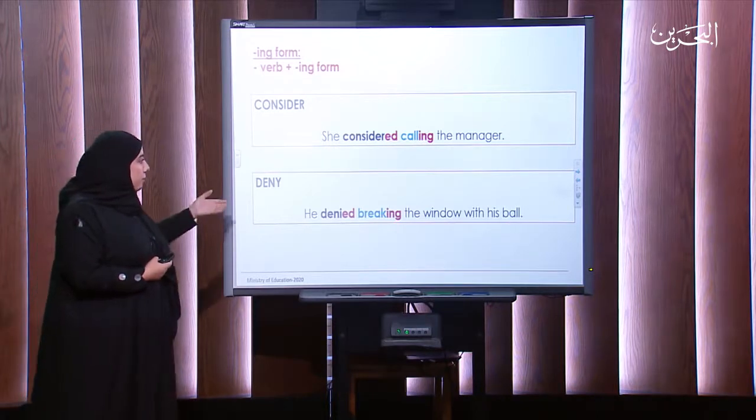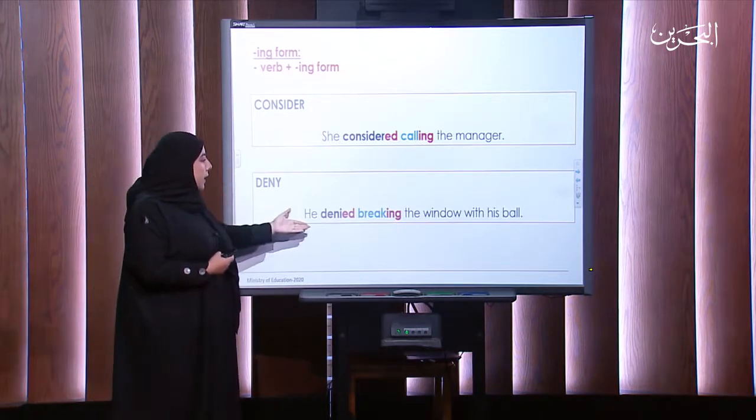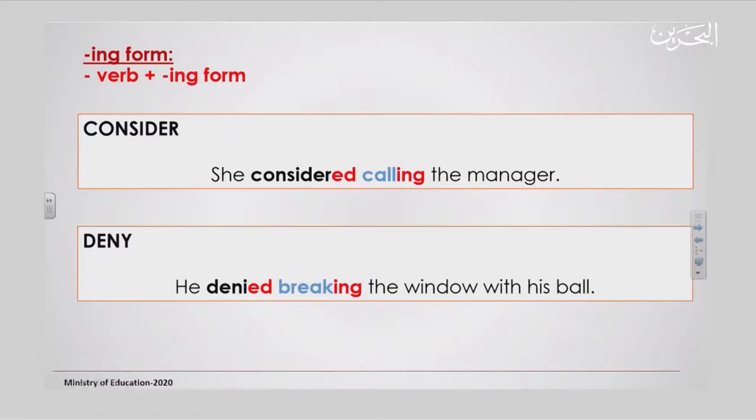Deny, the second verb, he denied breaking the window with his ball. So again, considered is the verb, call plus ing, denied is the verb plus the verb break and ing.